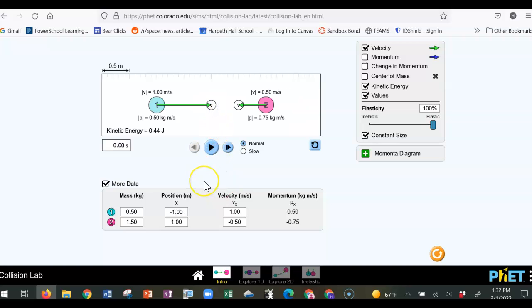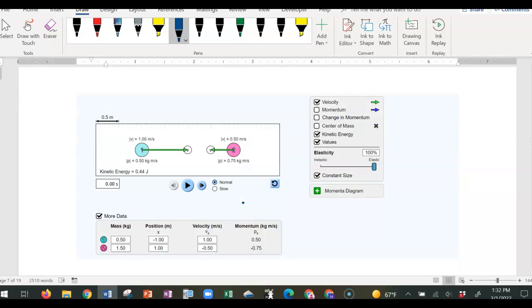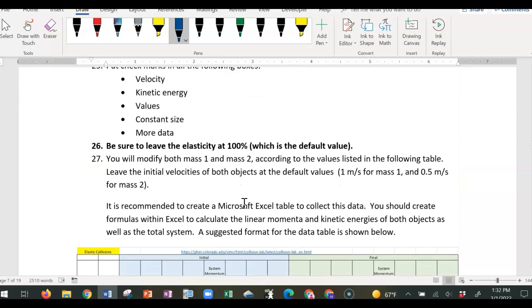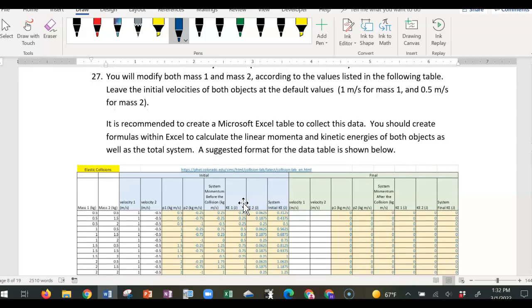Okay, so let's look at what we're doing here. We are at step 27, which says that we're going to modify both mass 1 and mass 2 according to the values listed in the table. And we're going to leave the initial velocities of both objects alone. Let the velocities continue to be set at the default values.